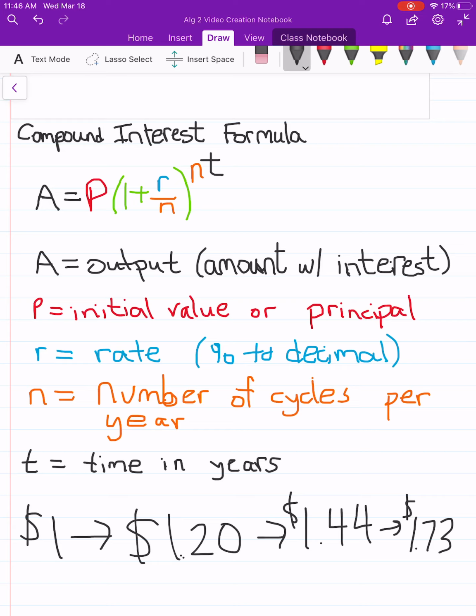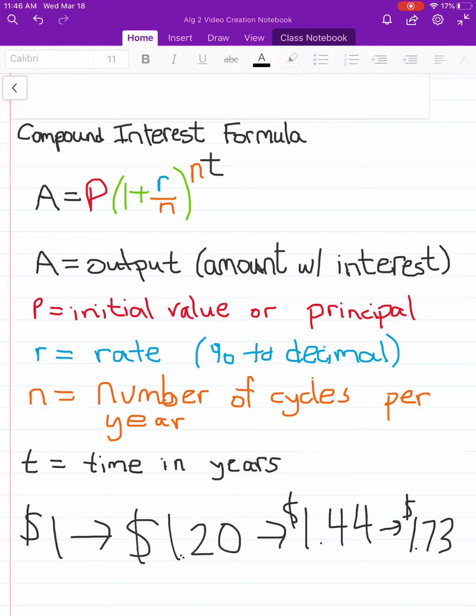So let's look at the compound interest formula. It says A equals P times (1 plus r divided by n) raised to the n times t. And so A is our output. It is the amount of money in the bank, which includes the initial amount that we put into the bank and all of the interest. The P represents the initial amount that we transferred into the bank account.